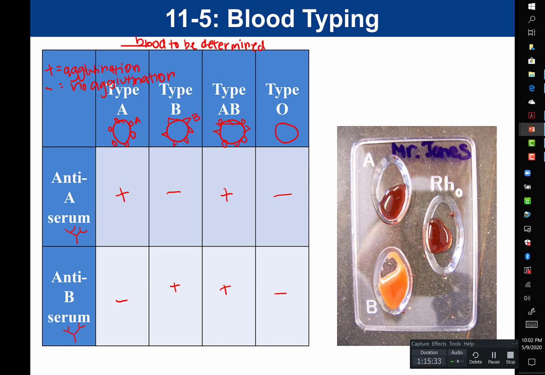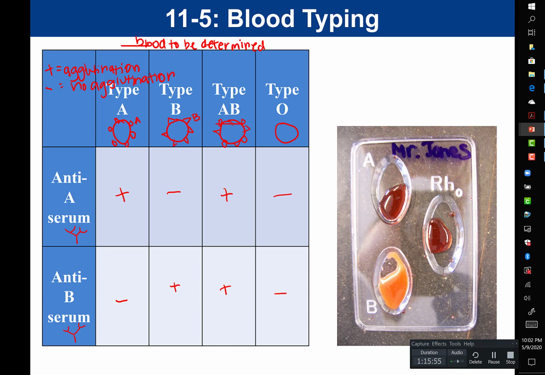So here we have these depression plates and we have these little wells. Notice that here is well A, down here is well B. We'll talk about Rh in a little bit. Don't worry about that one yet. But what we do is we take the person's blood. So this is Mr. Jones's blood.